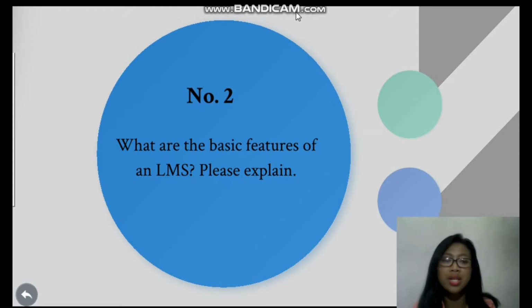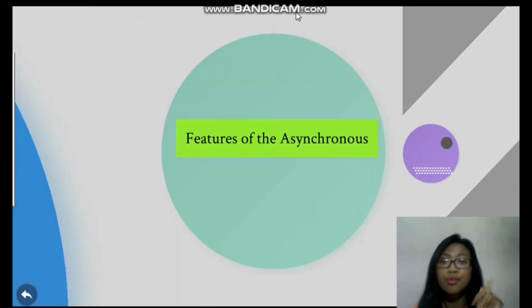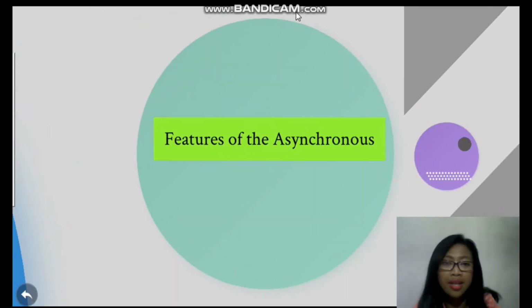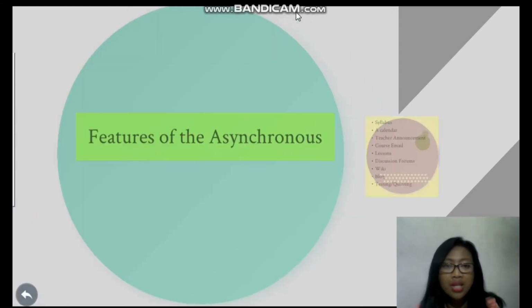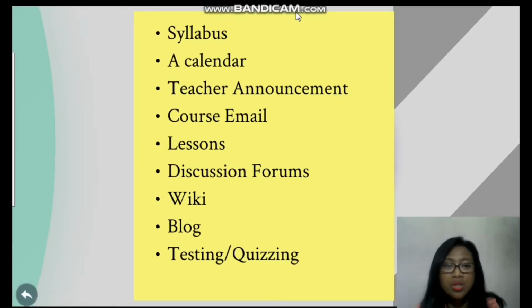The first one is the features of asynchronous learning. In asynchronous learning, the features are syllabus, a calendar, teacher announcement, course email, lesson, discussion forums, wiki, blog, testing or quizzing.